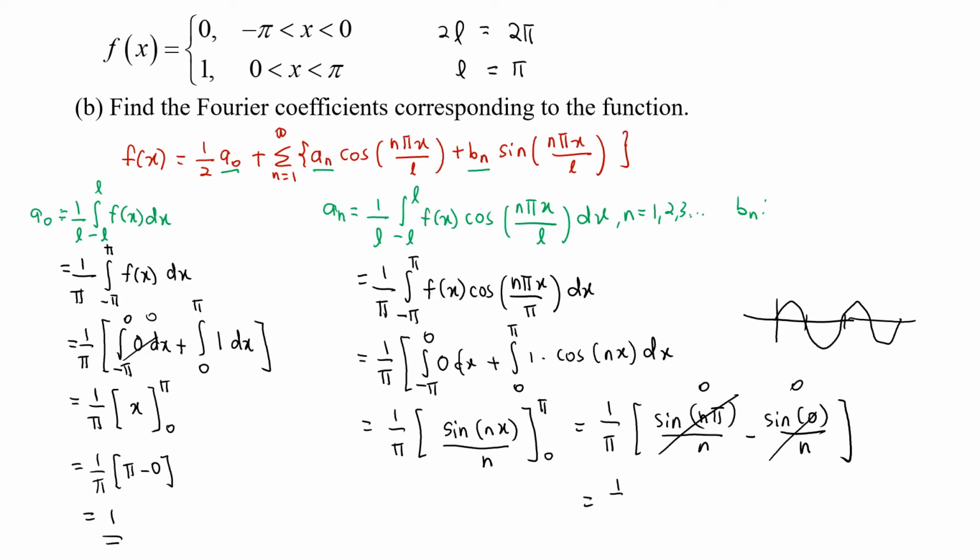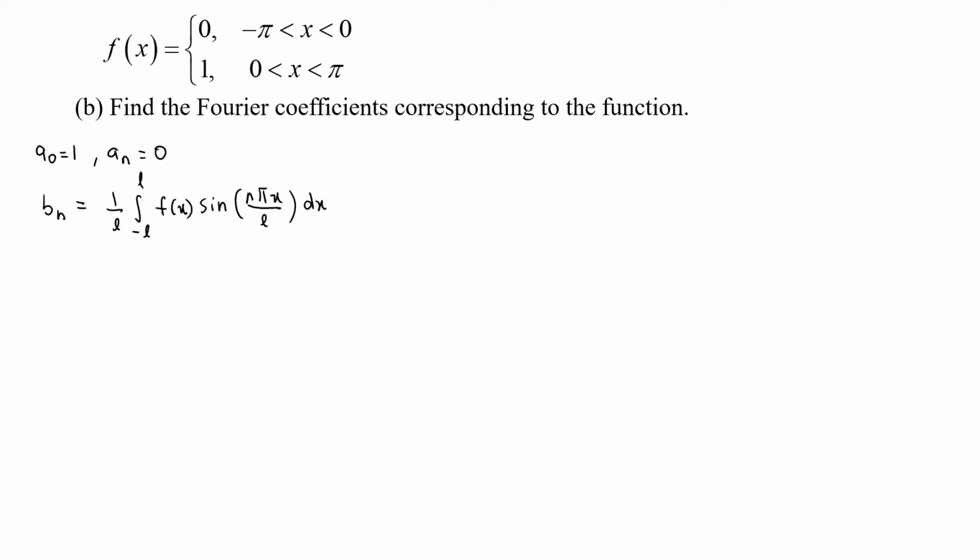So 1 over pi times 0 is equal to 0. We have obtained the coefficients for a naught and a sub n. So now we proceed with the coefficient b sub n.